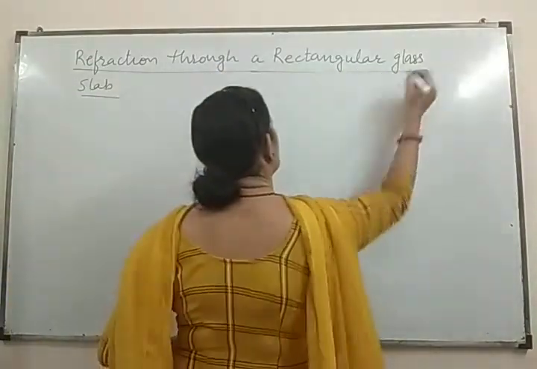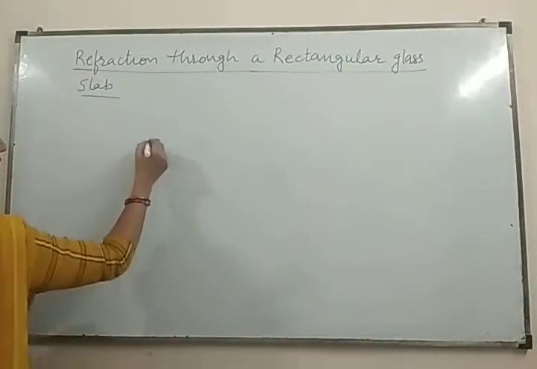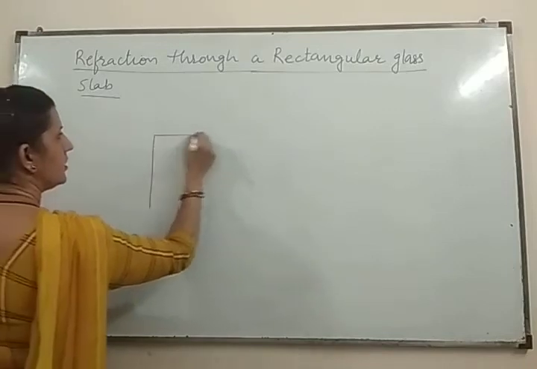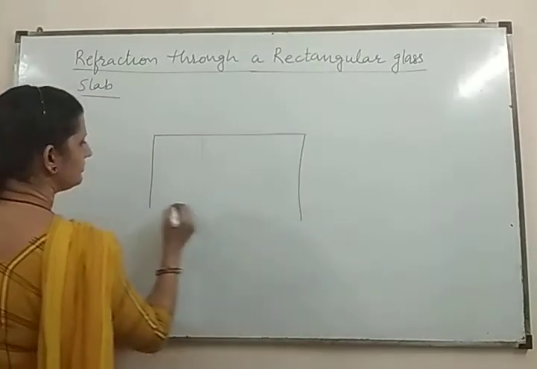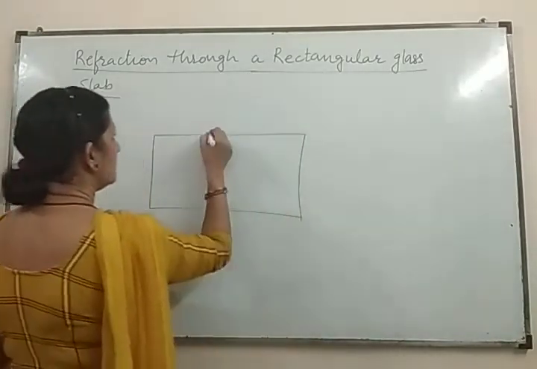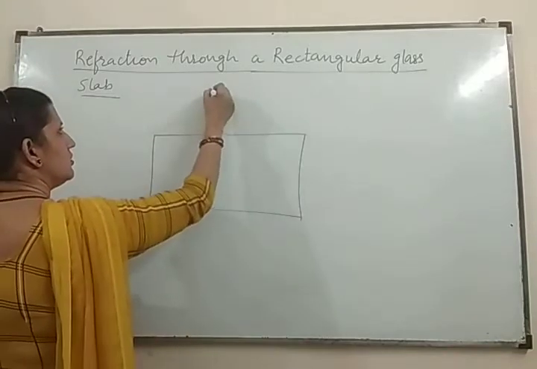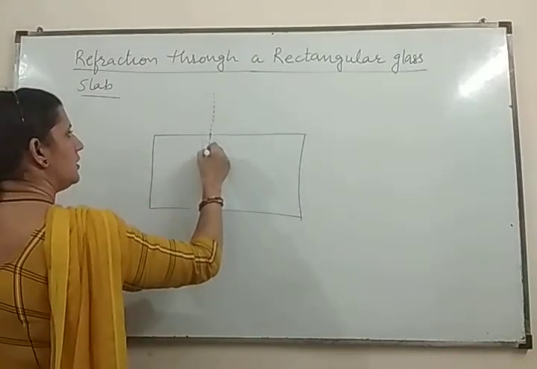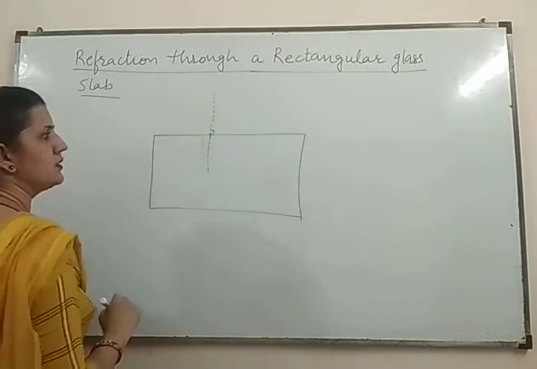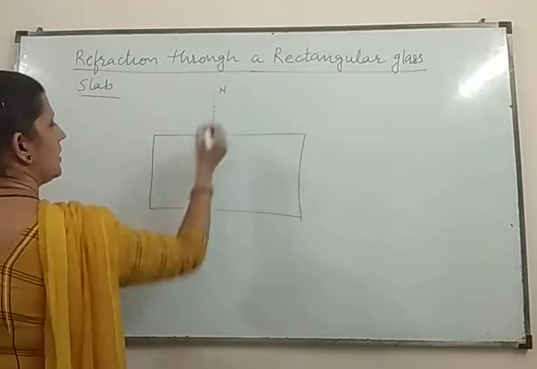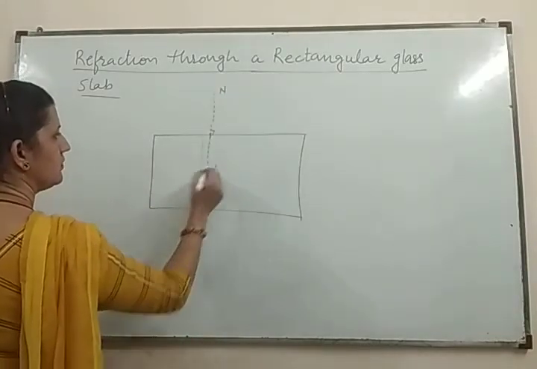First of all, draw the boundary of the glass slab, the rectangular glass slab. Here at any point draw the normal, that is perpendicular to the surface, denoted by N or N dash.